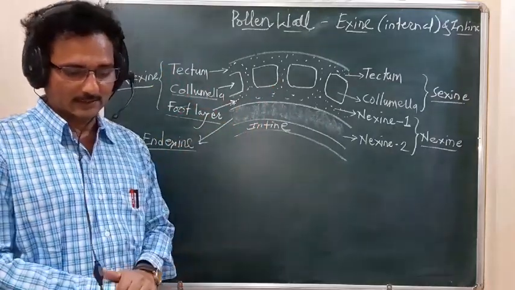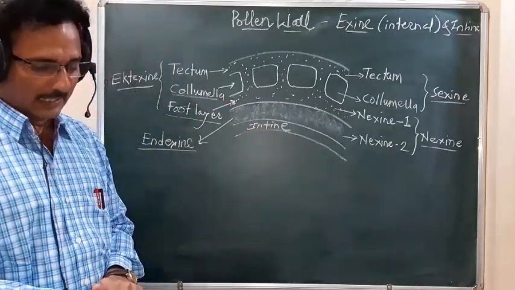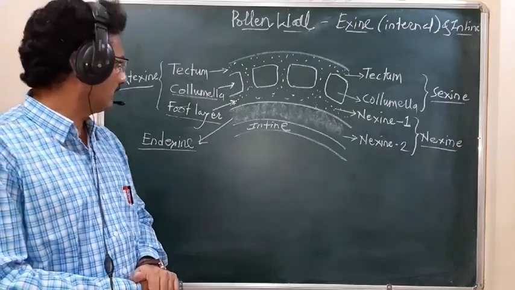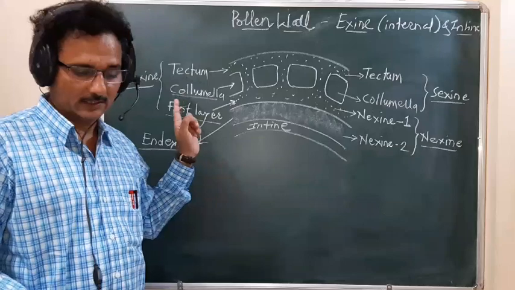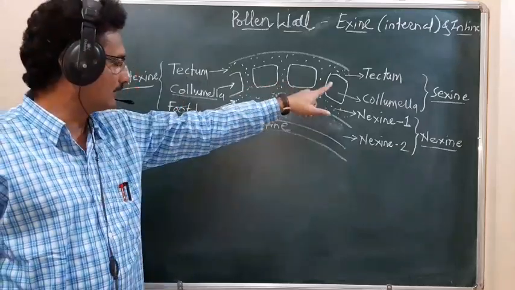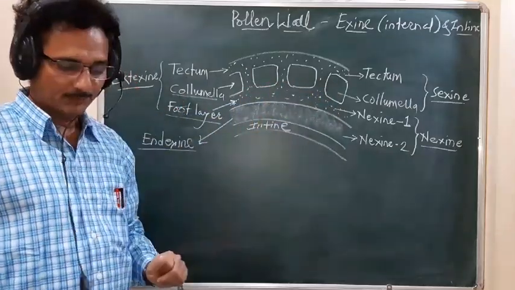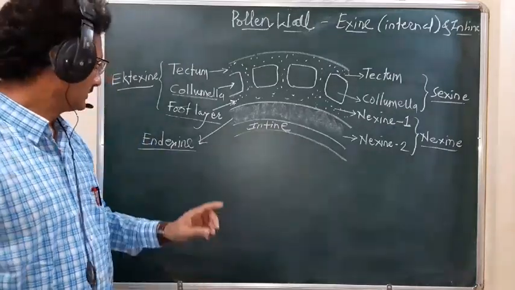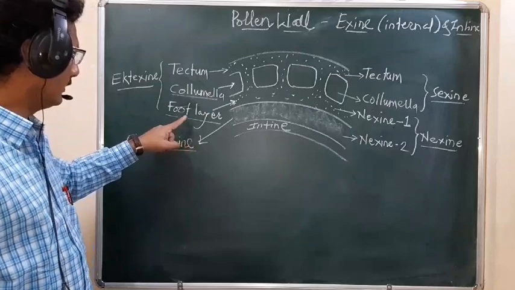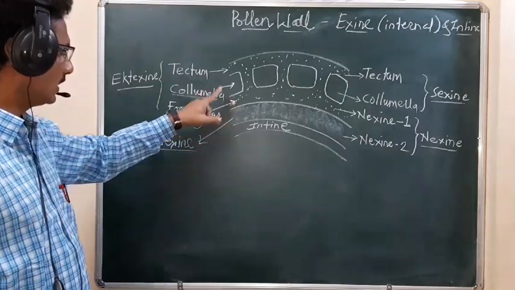But see the third option, tectum and baculate layer, meaning the tectum and columella region. It is called the baculate region because these are a system of rods with vacant spaces between them. The fourth option is foot layer and baculate layer, that is, the foot region and columella region.